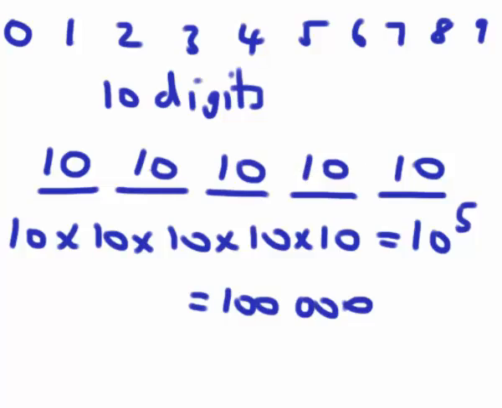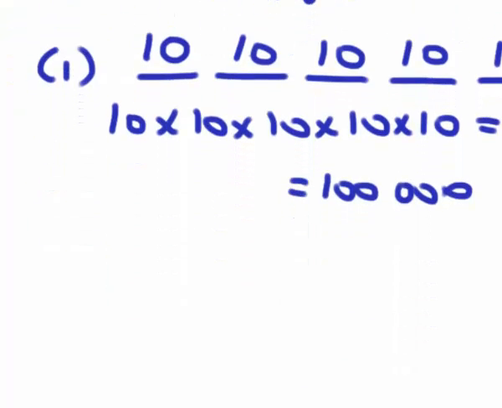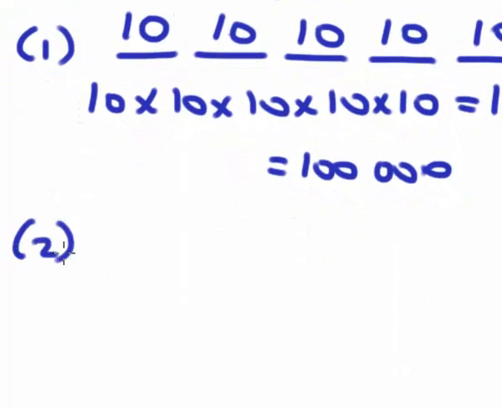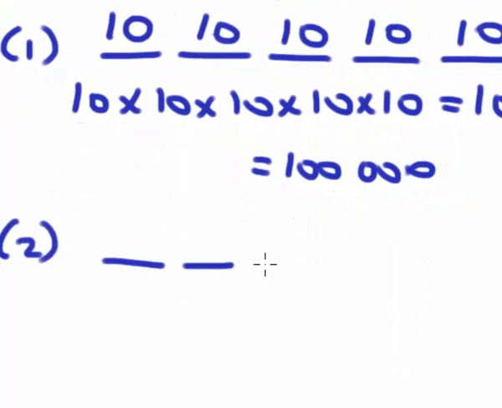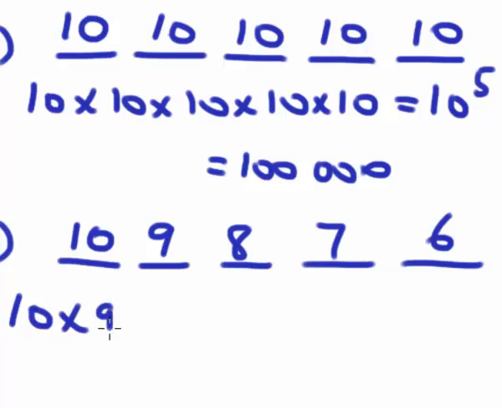Okay, now if you're not allowed to repeat the digits, a different thing happens. If you can't repeat, for the first position you can choose any of the 10. Any of the 10 can be used for the first position, but now you've used one. Say you've used 4, now you're down to 9, and then you're down to 8, 7, and eventually 6. So if you multiply this, how many possible PIN codes could you have?